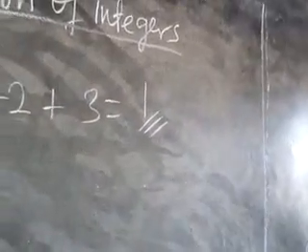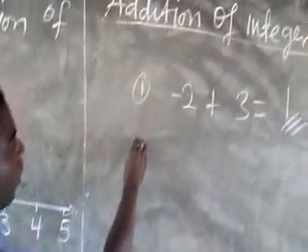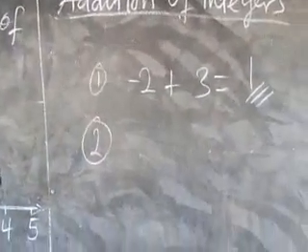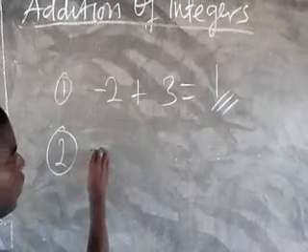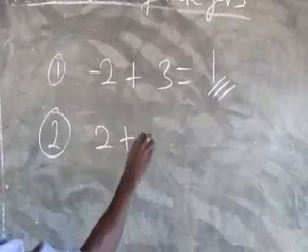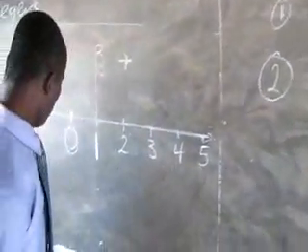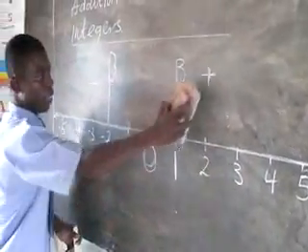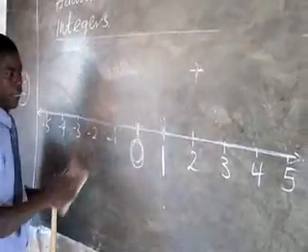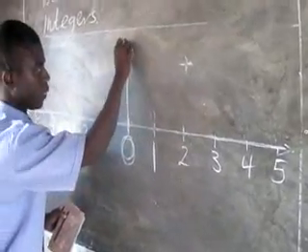Good. Now let us consider this example 2. Let's say 2 plus, let's say negative 3. Good. Then when we finish, you bring the person to point 0, the center of it.